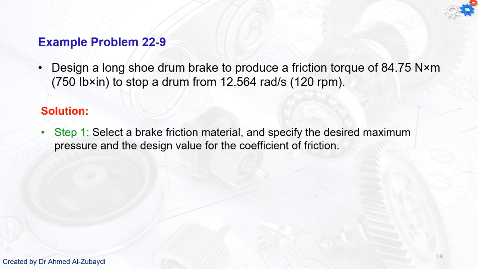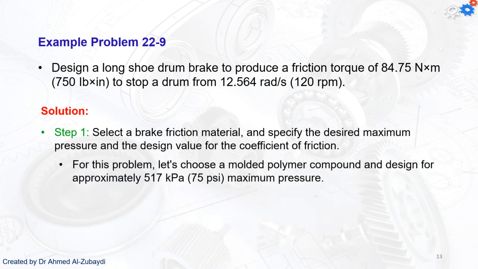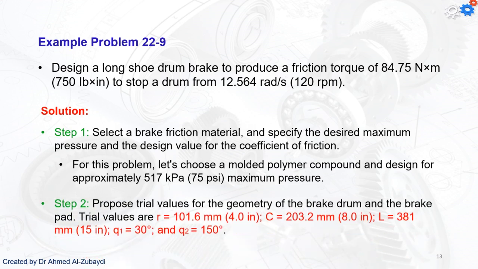That's something we're going to design ourselves. We're going to use the standard material to make this brake system. So for this problem, let's choose the molded polymer compounds and design for approximately 517 kilopascal as the maximum pressure. So the P maximum is going to be 517 kilopascal.